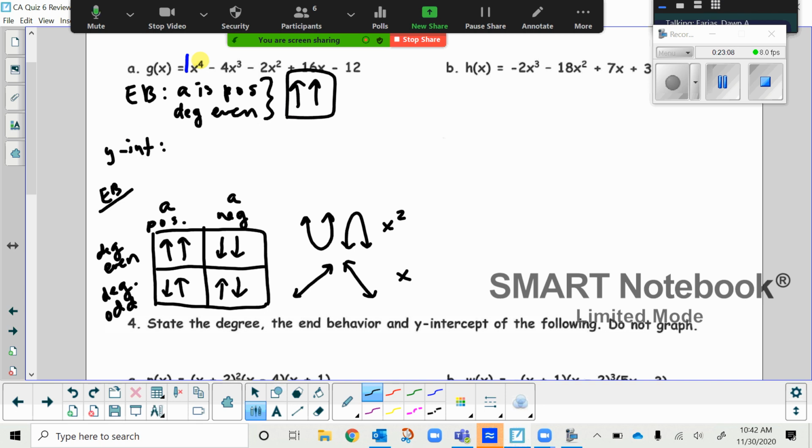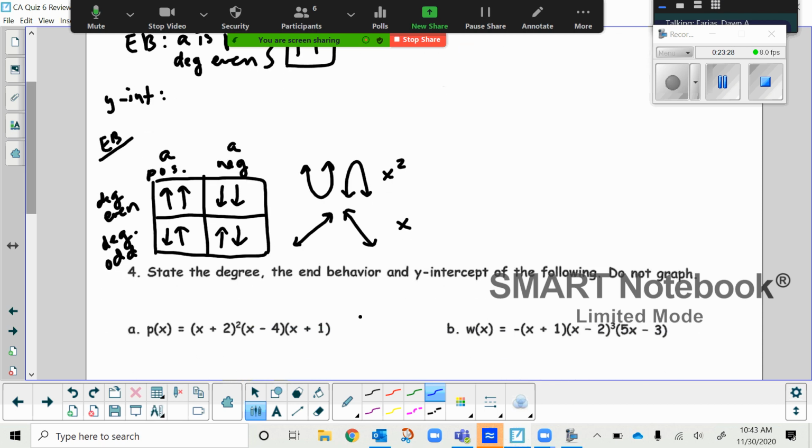Now, when your polynomial is written in standard form and not factored form, here's the difference between standard and factored form. These problems are standard form. The ones down here that we're about to do are factored form.